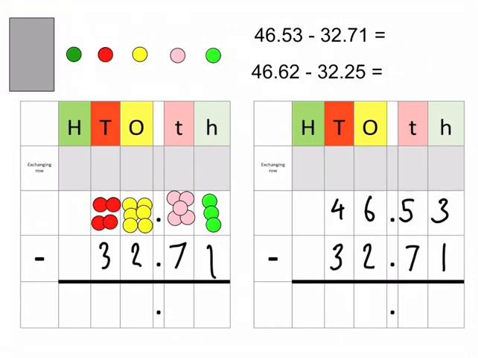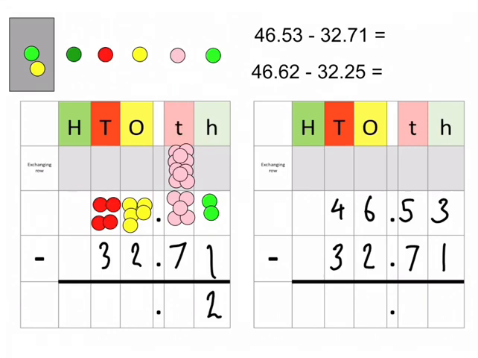Take away 1 hundredth. I've got 3 hundredths. Take one away. What have I got left? 2 hundredths. I've got 5 tenths. Take away 7. Oh, that's a problem. I can't do that. So I exchange. I take away 1 one and bring in 10 tenths, because 1 one is equal to 10 tenths.